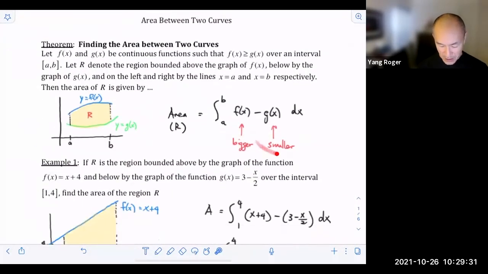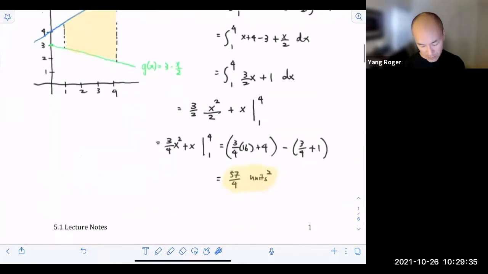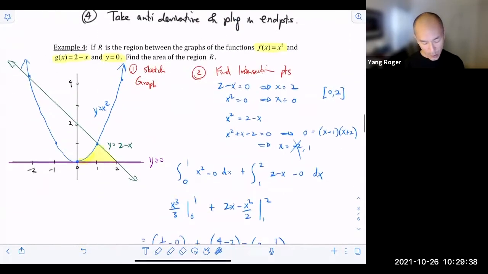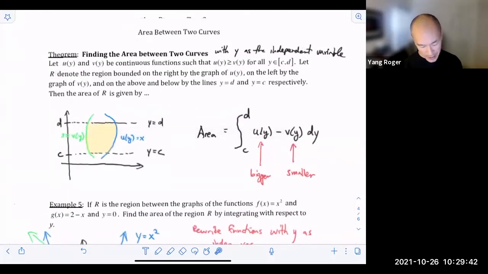The only difference is that your orientation is different, because we are writing our functions where y is the independent variable and x is the dependent variable. Your independent variable lives along the y-axis, and you're plugging in y values and the x values are popping out.